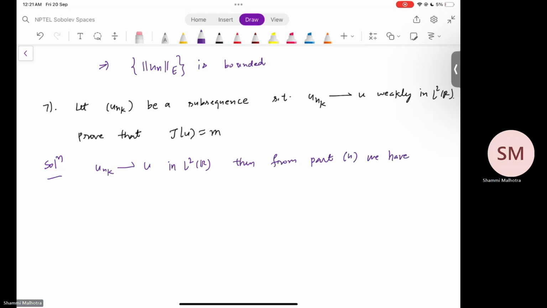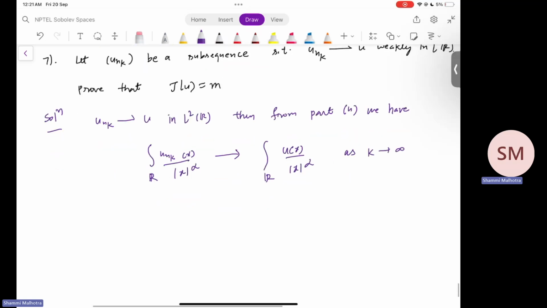We have unk(x) divided by mod x raised to the power alpha goes to u(x) divided by mod x raised to the power alpha, as k tends to infinity. So this comes from part 4.